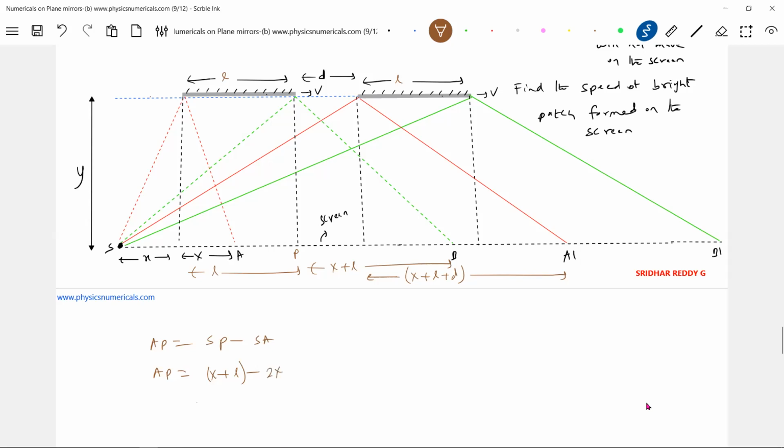SA is 2X. So this will become L minus X. This is AP. So the overall distance A dash we will calculate. A dash should be equal to AP plus D plus X plus L plus D. So what is AP? AP is equal to L minus X.